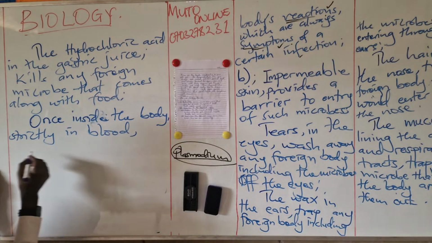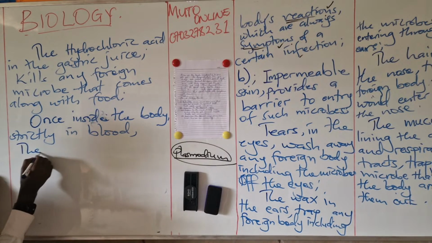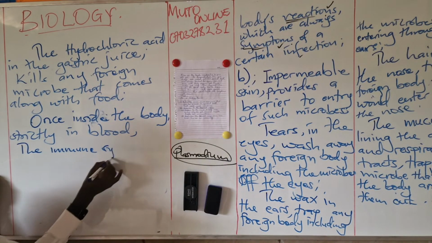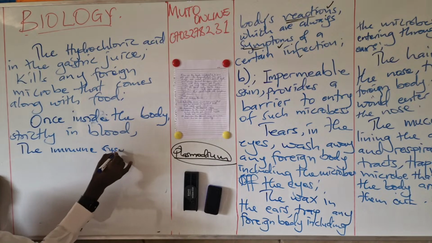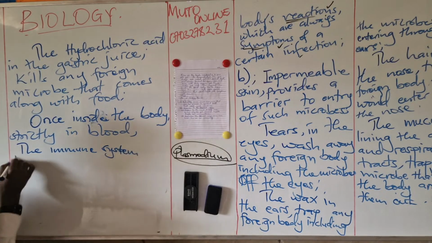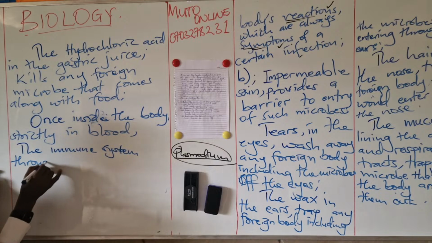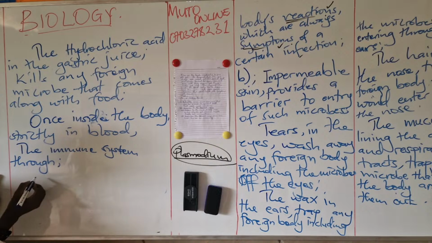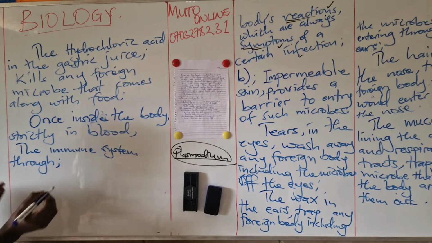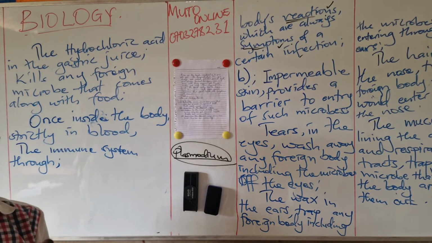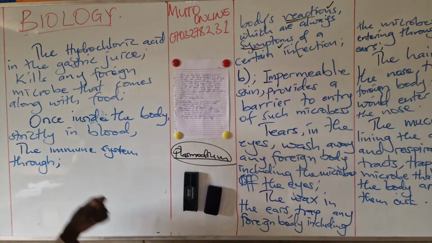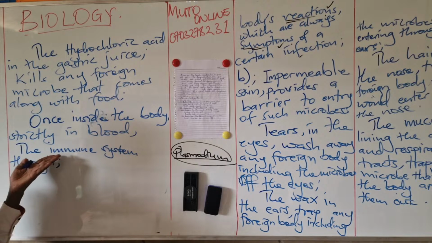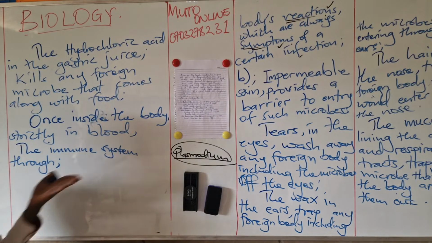So once inside the blood, the immune system, we are going to look at the different white blood cells or cells that protect the body or make up the immune system that fight against these organisms.